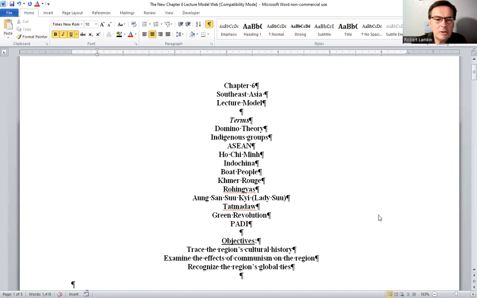Indigenous groups. These are folks that are native to the nation and the culture. ASEAN, the Association of Southeast Asian Nations, at the time when it was developed, post World War II, early Cold War, an association to stop the spread of communism, right, from Soviets and the Chinese. Ho Chi Minh, a nationalist leader out of North Vietnam.